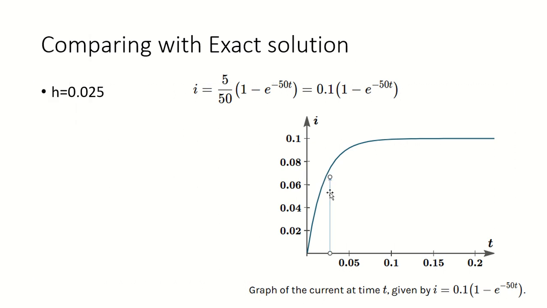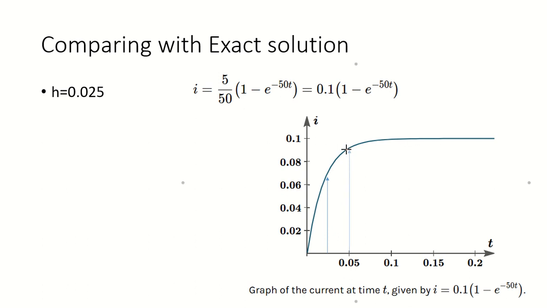So at 0.025, the value that we estimate should be more than 0.06 something, should be around there. Our next estimation point will be 0.05.